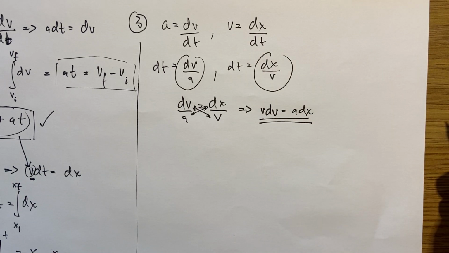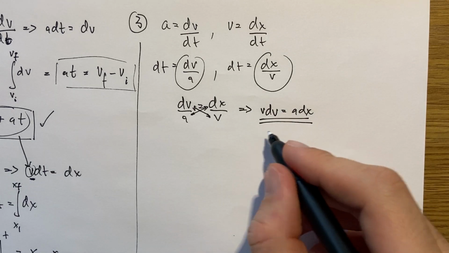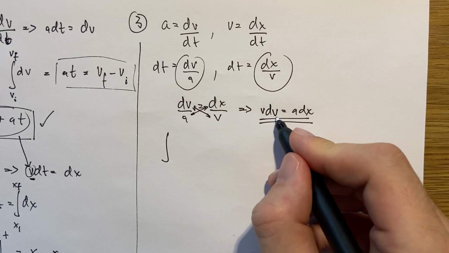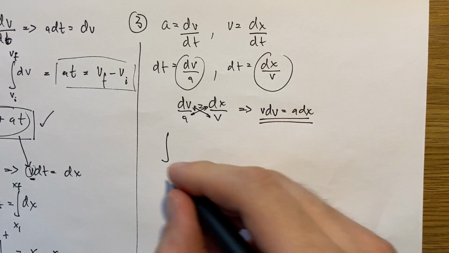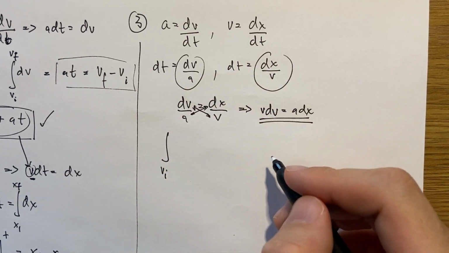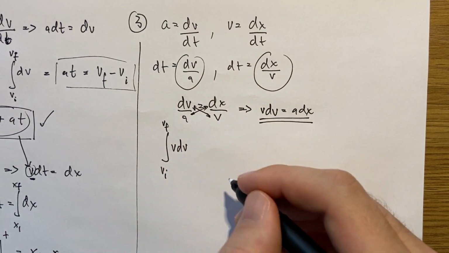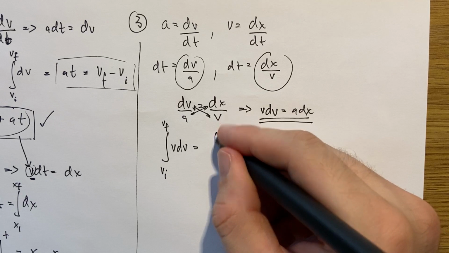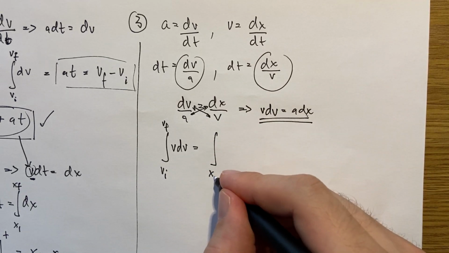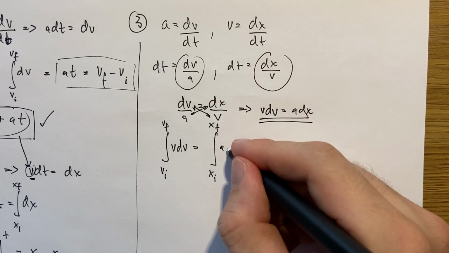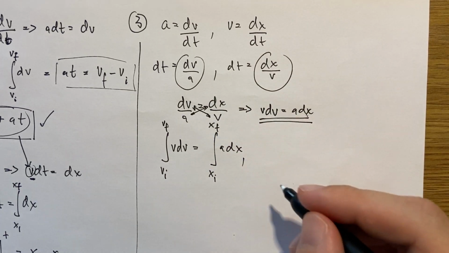And this is a differential equation which we can solve again. Let's go ahead and integrate both sides again. So lower limit here will be v initial, upper limit v final, v dv equals some initial distance here and some final distance here, upper limit, a dx.